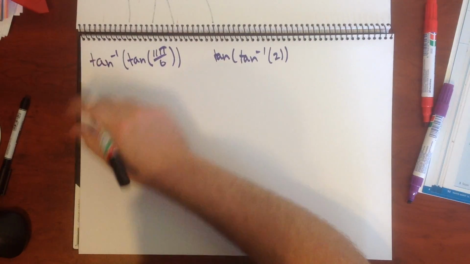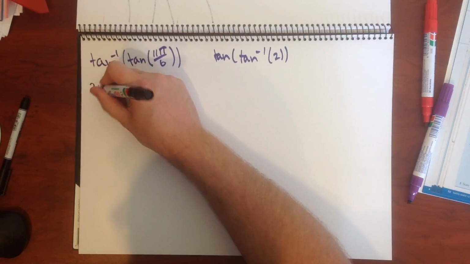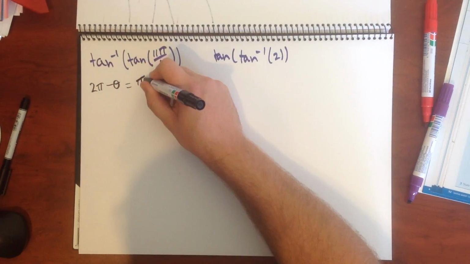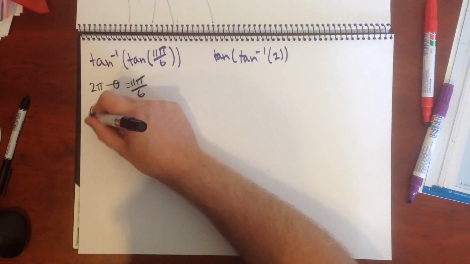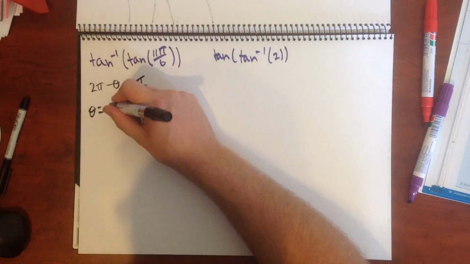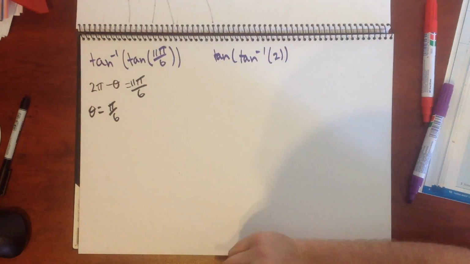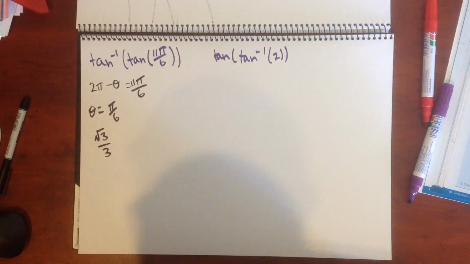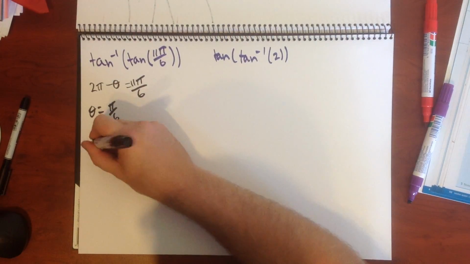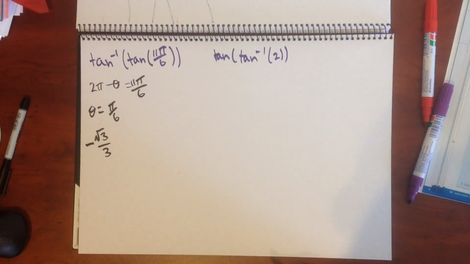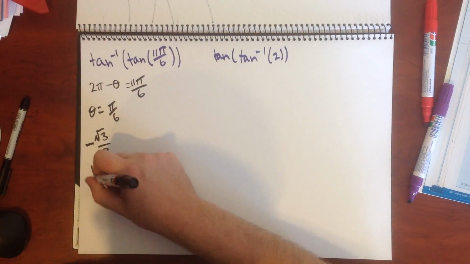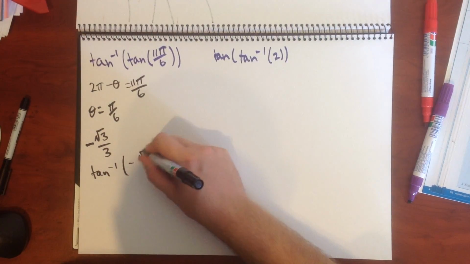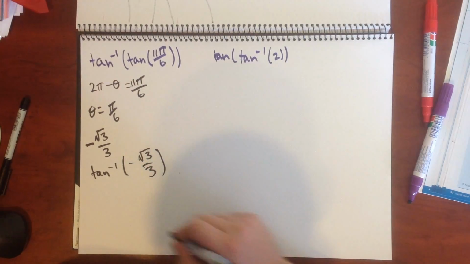We find our angle in the fourth quadrant by going 2 pi take our angle, which gives pi on 6, and tan of pi on 6 is root 3 on 3. However, we're in the fourth quadrant where tan is negative, so we're finding the inverse tan of negative root 3 on 3.